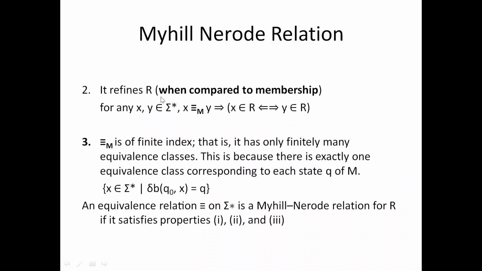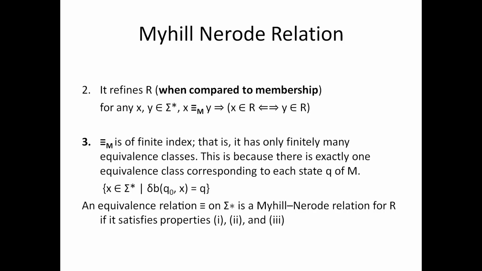Now next is that it refines R. If you look at a regular set, which is a subset of sigma star, then the elements of the regular set represent all the strings which are accepted by the finite state automata. When we define an equivalence relation over the DFA, we can see that some states are non-final and some states are final.